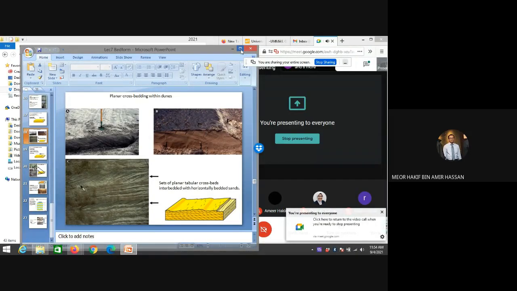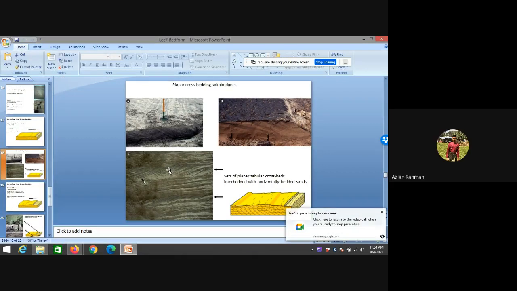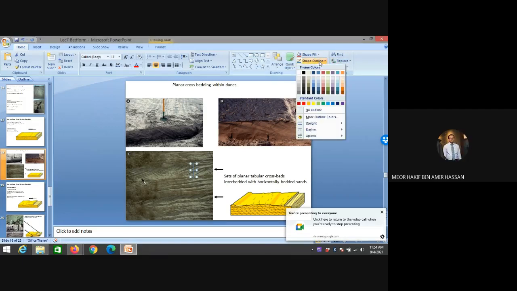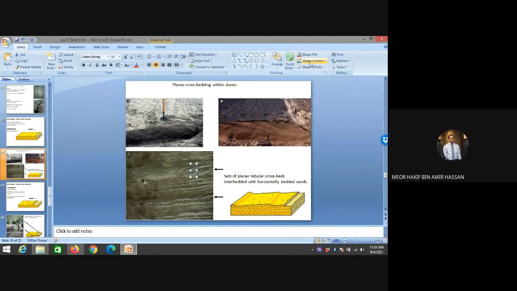Okey, nampak saya punya slide tak, Azan? Nampak. So, ini crossbed kan? Ya. Macam daripada sini ke sini, satu bed dan dia tunjuk cross bedding, right? Dan cross bedding ni bagi kita nampak macam-macam.